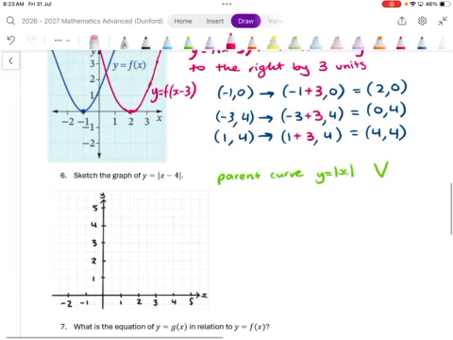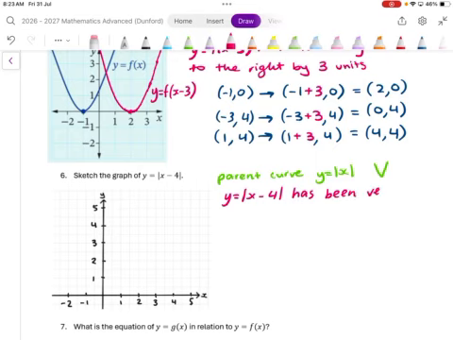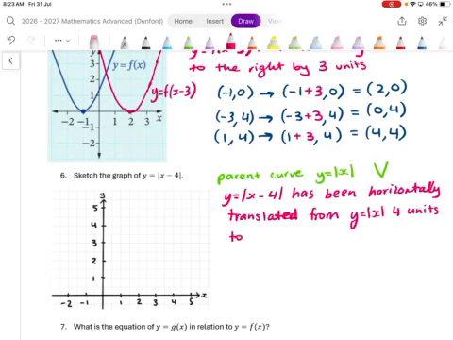Okay, so our curve y equals the absolute value of x minus 4, oops, straight line, no curve, has been translated horizontally from y equals the absolute value of x. How many units have we moved? 4 units to the right.